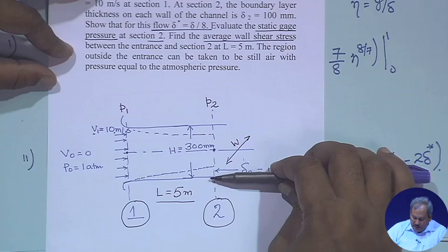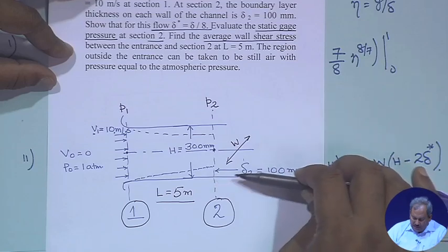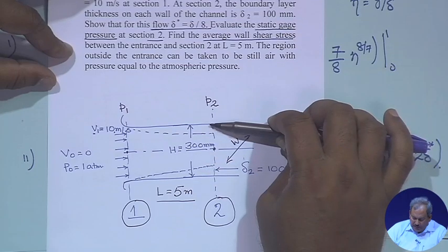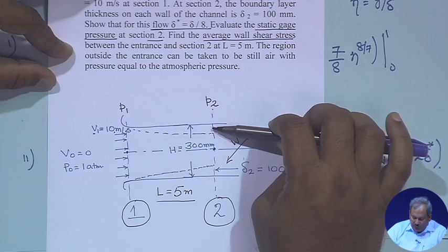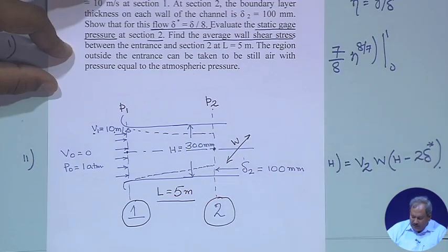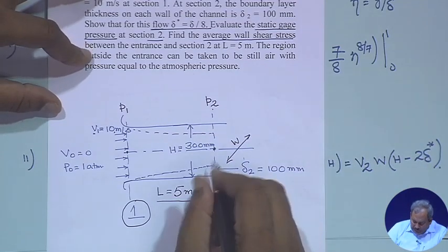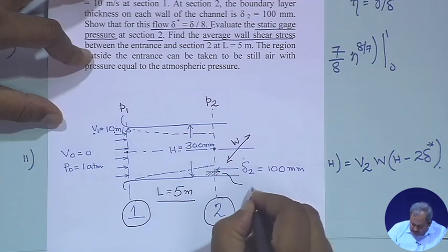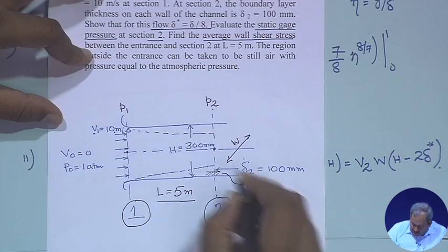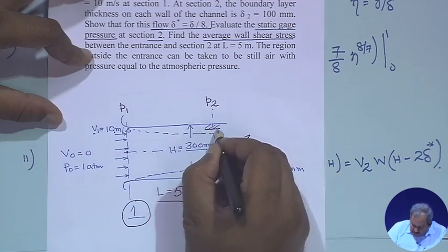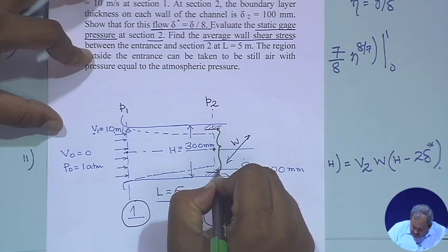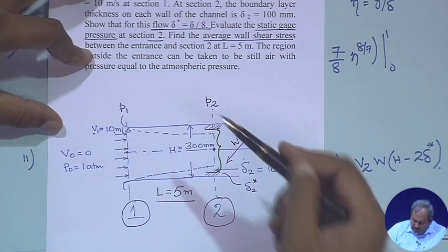In order to convert the flow situation at location 2 to an inviscid flow, what needs to be done, by the definition of displacement thickness, is to raise the platform by delta 2 star. If I raise the platform at this location by a distance equal to delta 2 star from both sides, then in this region the flow is going to be inviscid.